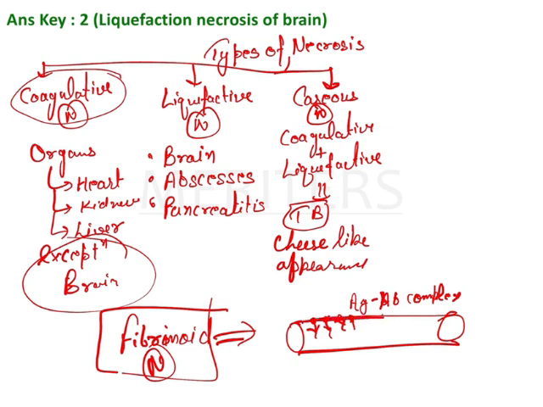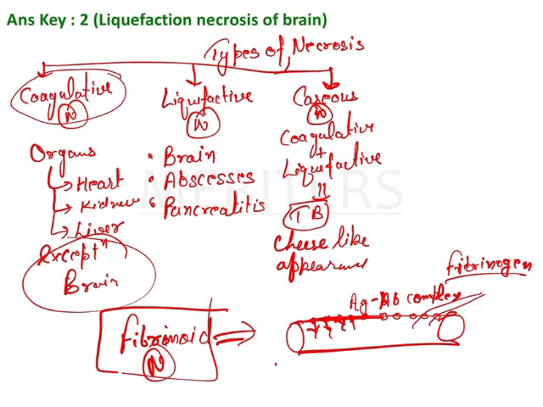Now due to the deposition of these antigen antibody complexes on the walls of the blood vessels, there will be an increase in permeability, and that will lead to leakage of fibrinogen. Fibrinogen starts leaking from the walls, which have become permeable due to the deposition of antigen antibody complexes.